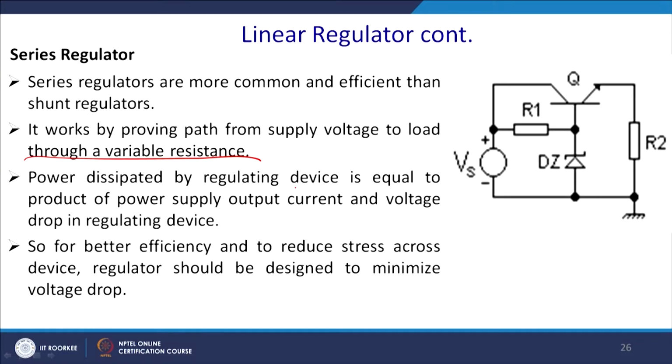The power dissipated by the regulating device is equal to the product of the power supply output current and the voltage drop of the regulating device. So, if you vary this variable resistance, then the voltage will change. If the voltage is changed, then more current will flow and then we have to regulate this voltage. We will come to the next circuit and see how it operates, and it is operated by feedback. So, for better efficiency and reduced stress across the devices, the regulator should be designed to minimize the voltage drop.